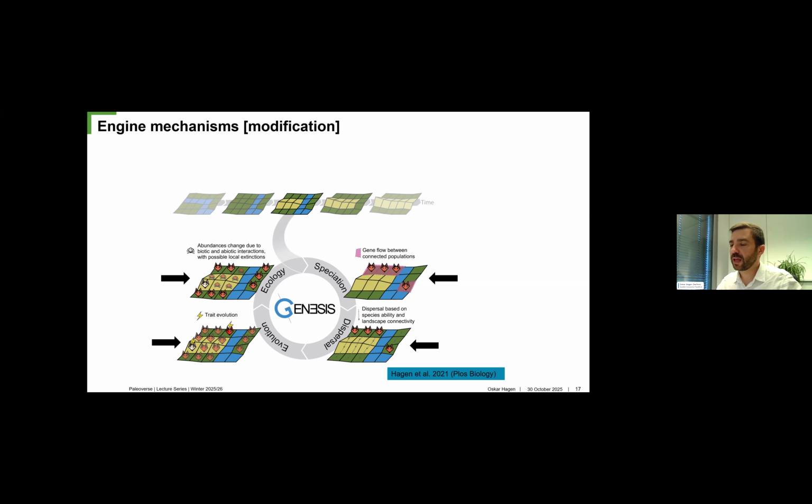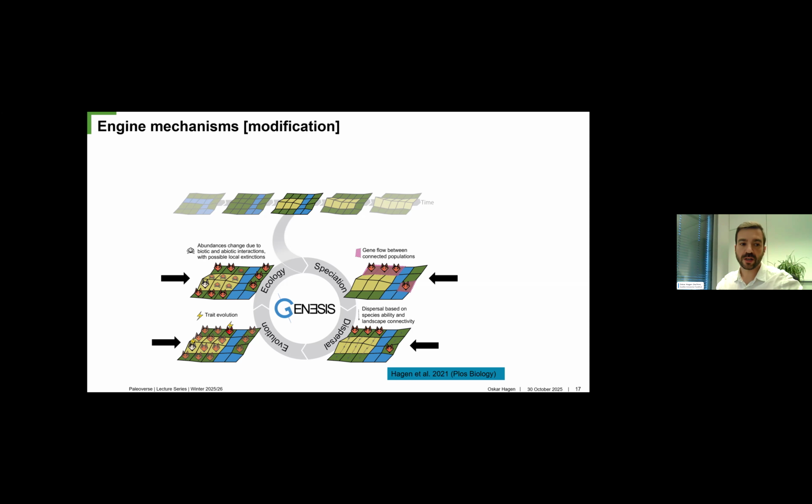So now I would like to jump to the tool itself so that this is a little bit clearer. What is important to note, and I will put a link on the methods which make it a little bit easier to follow, is that speciation, dispersal, and evolution are happening basically through every species.